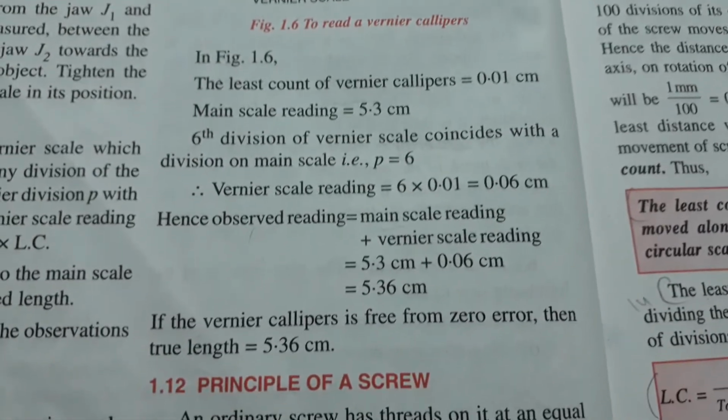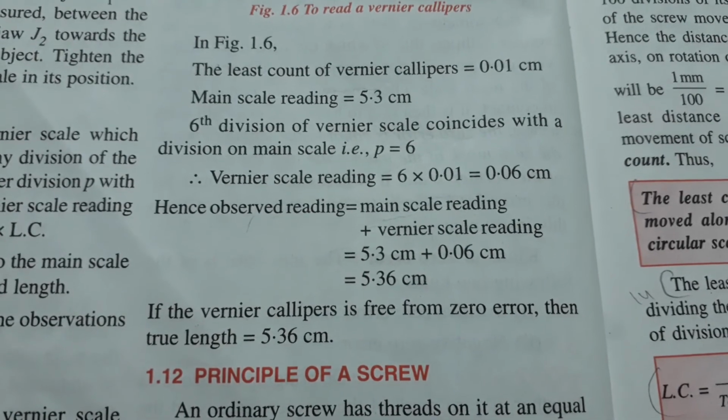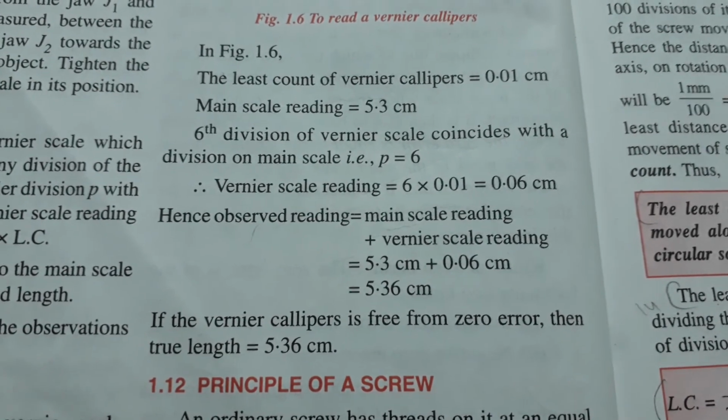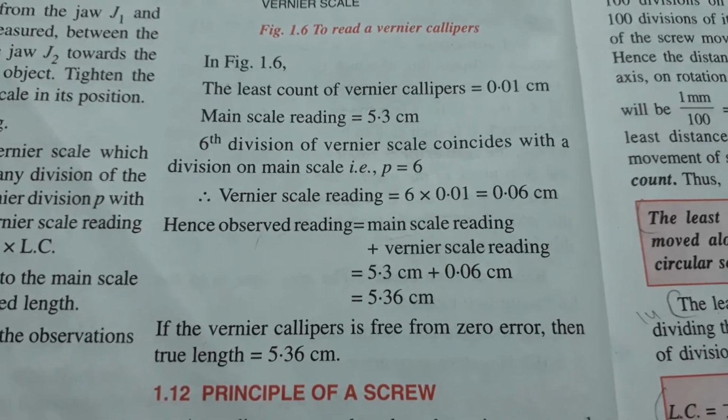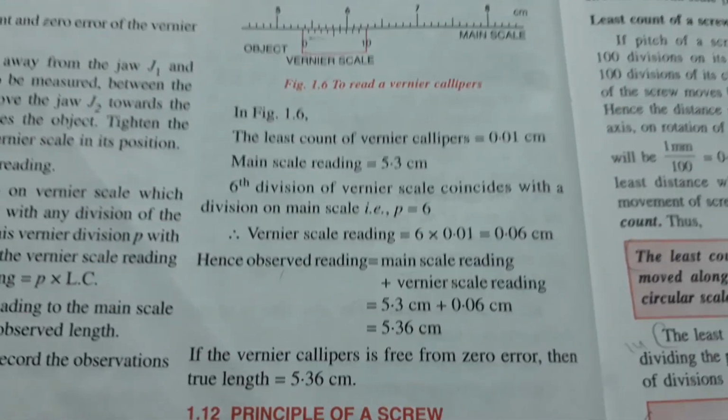This is the way we can measure the length of an object or the diameter of any spherical object. Thank you. Once again, go through the example given in the textbook, then you can understand. Thank you.